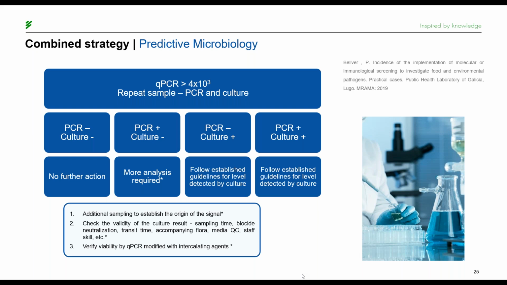And then we would have 4 possible outcome scenarios. If both PCR and culture are negative, then there would be nothing else to do. These results, of course, would be taken as valid.